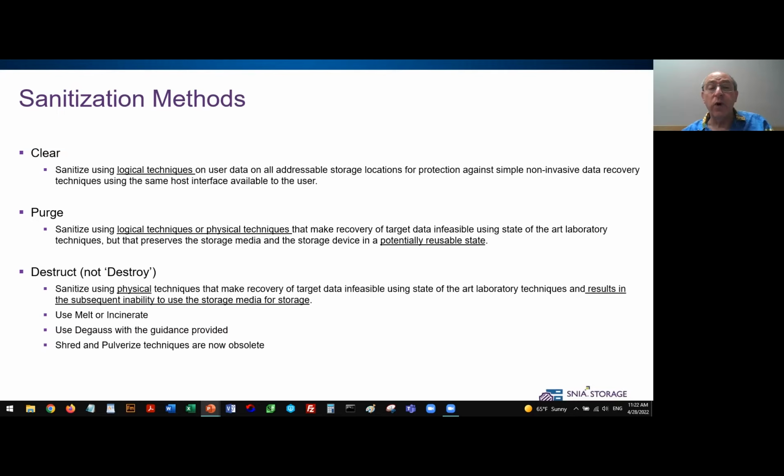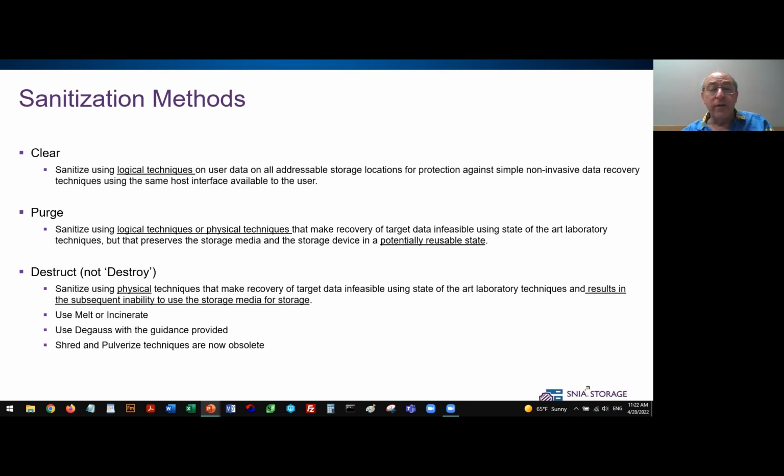It does not address what used to be or could be user data. Purge addresses the is, was, could-be user data, as well as all of the hints, but we leave it in a potentially reusable state. This is our happy medium. This is where we want to be.